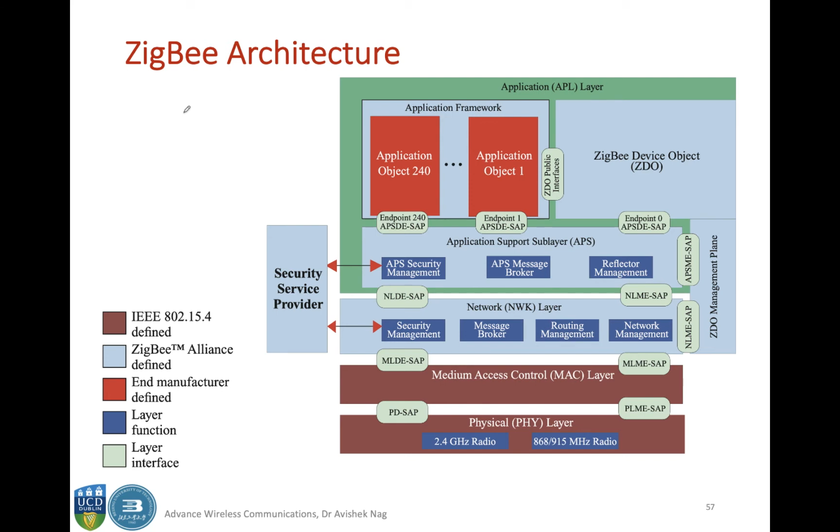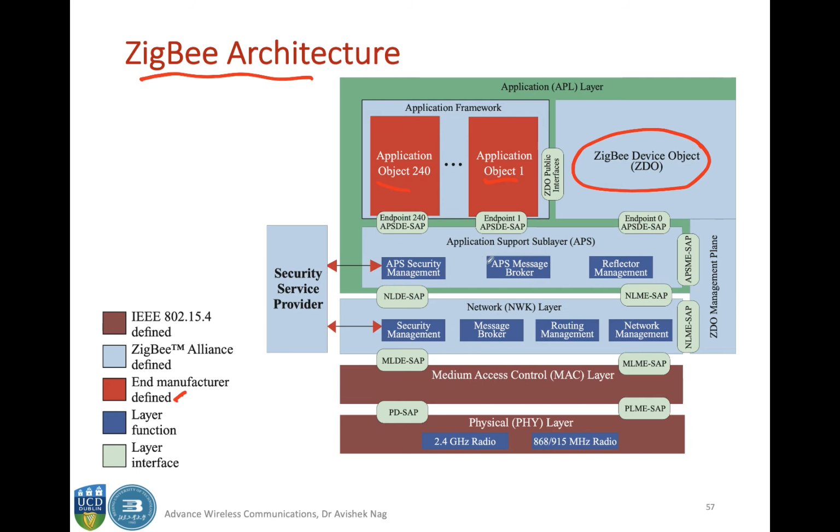So this is the basic ZigBee architecture. In the application layer, you have these application objects, which are end manufacturer defined. Okay, but you can also customize these. You have the ZigBee device object, which is one of the additional functionalities of ZigBee, as you saw.